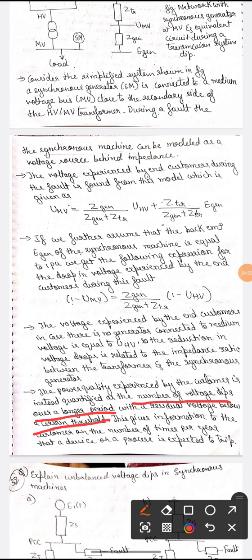This gives information to the customer on the number of times per year that a device or a process is expected to trip.